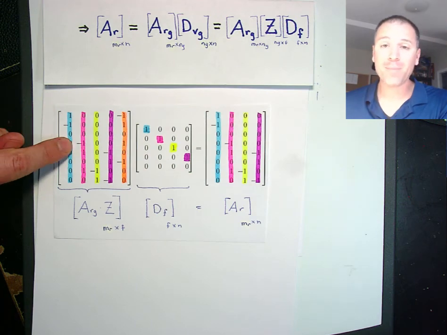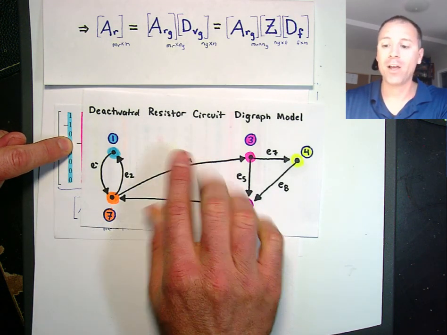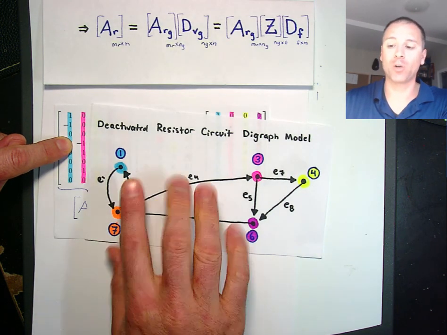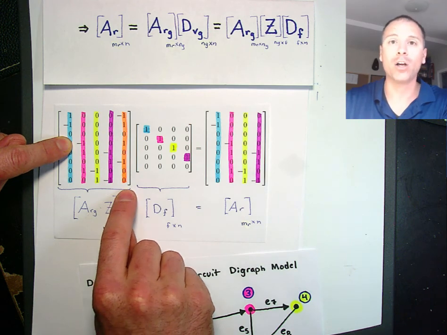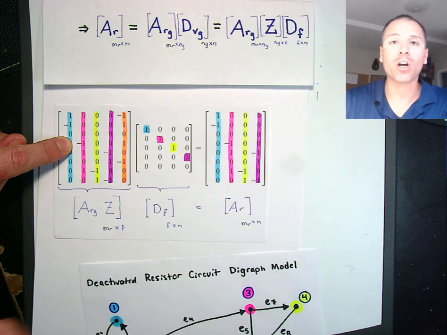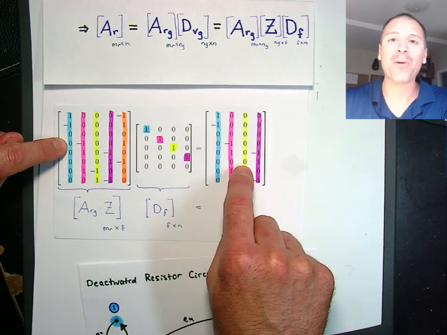Moreover, because this matrix encodes this digraph, this is a connected digraph. So we know this matrix has 5 columns. That means 4 of those columns are linearly independent using our graph theory theorem. But then we choose 4 of those columns. This thing has full column rank, and we're done.